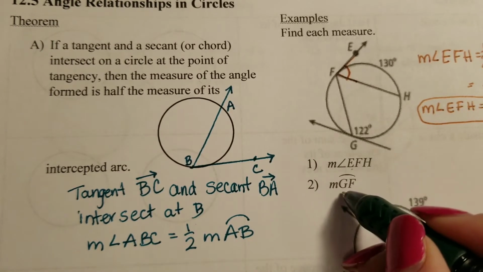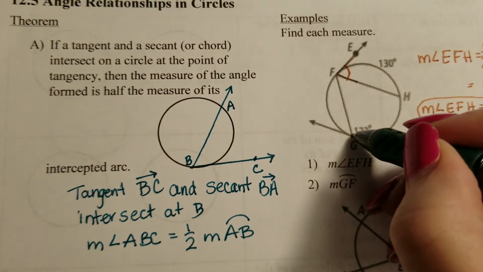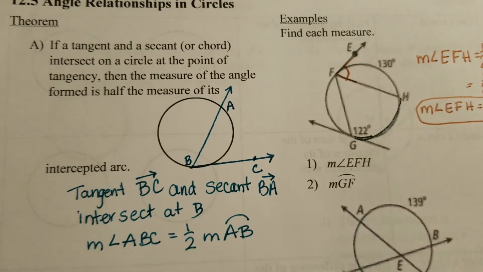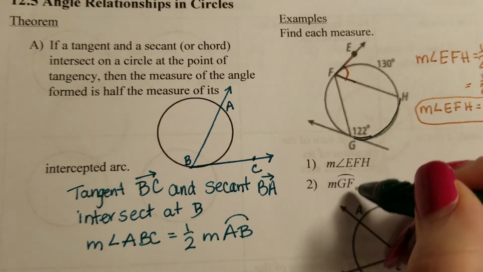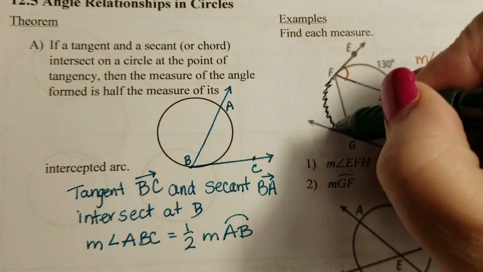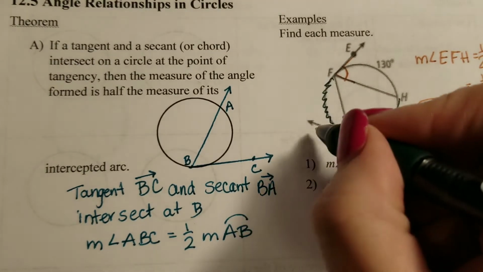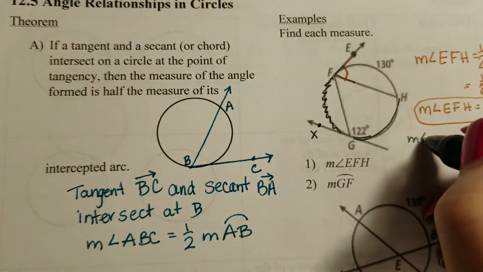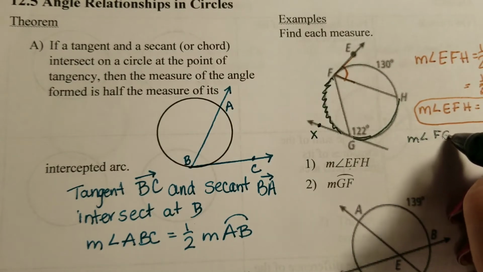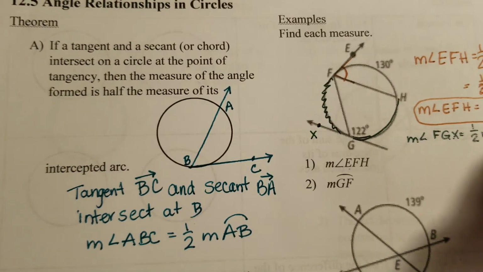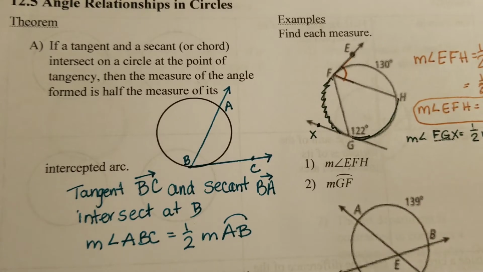So let's take a look at arc GF. I'm sorry, I didn't look at that, it's GF. This arc right here. Let's put a little point here, X, just so I can say that angle FGX is going to be 1/2 of the measure of FG, that arc. Well, what is this?